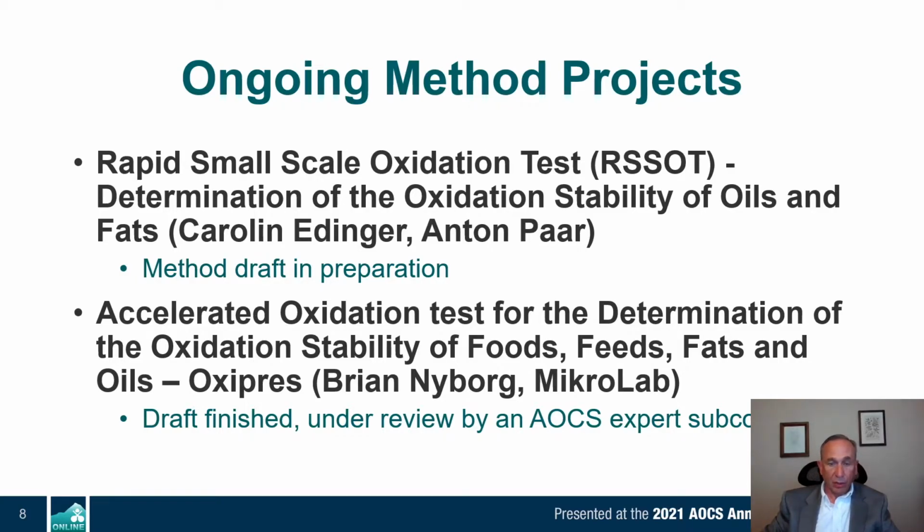In addition, there's another accelerated oxidation test for determining the oxidative stability of feeds, foods, fats, and oils. This is brought to us by Microlab. It's called an Oxipress. This latter method purports to give an ability to calculate the shelf life of a food. That draft has been finished and is under review by one of our expert subcommittees.